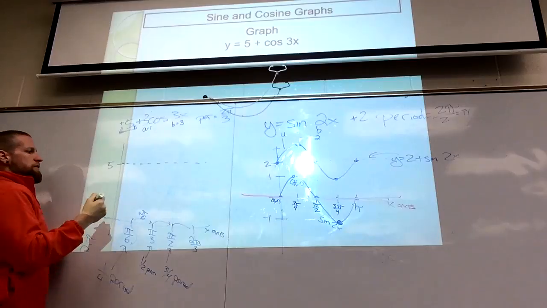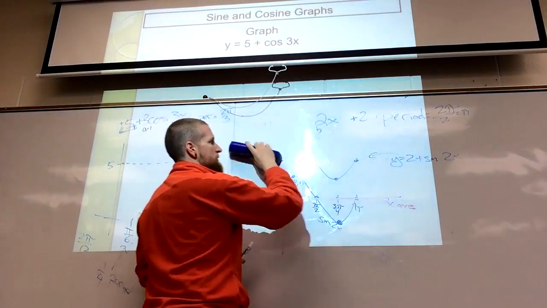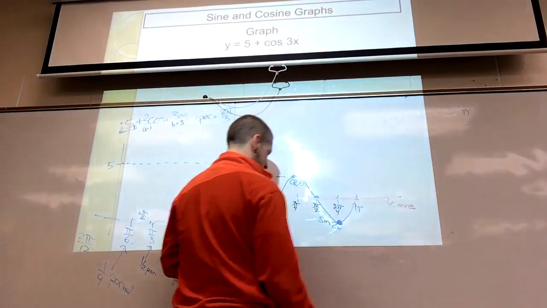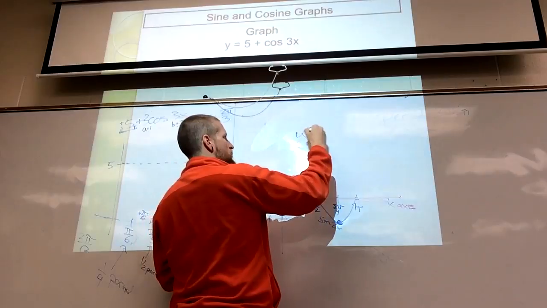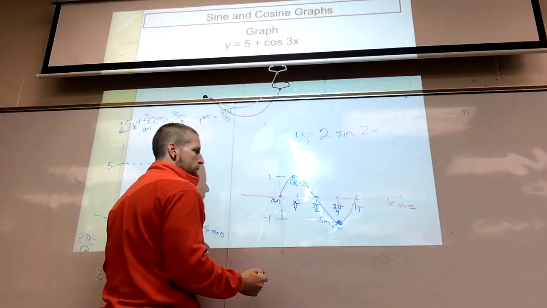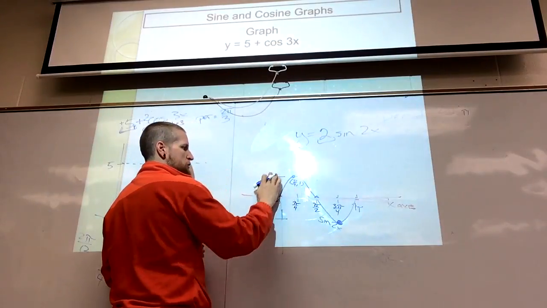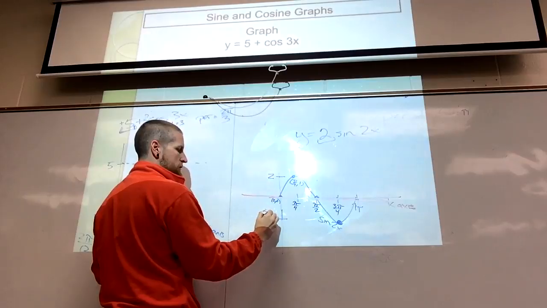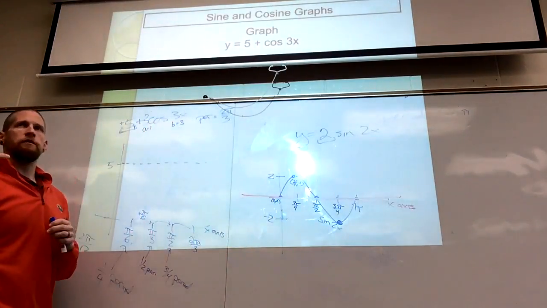All that's going to happen is, if this one over here was 3, let's just pretend, for the sake of doing this, we had, let's say this was y equals 2 sine 2x. When we did this the other day, if I had a 2 right here, all that we did was we changed that to 2. But then if it has a 5, if it's 5 plus that, then you're gonna go up above 5.